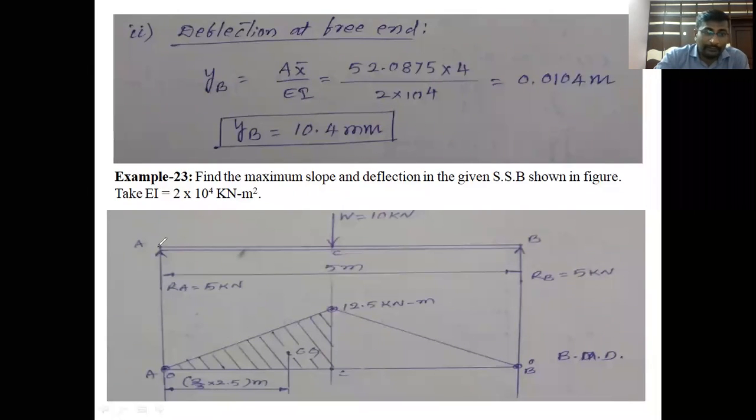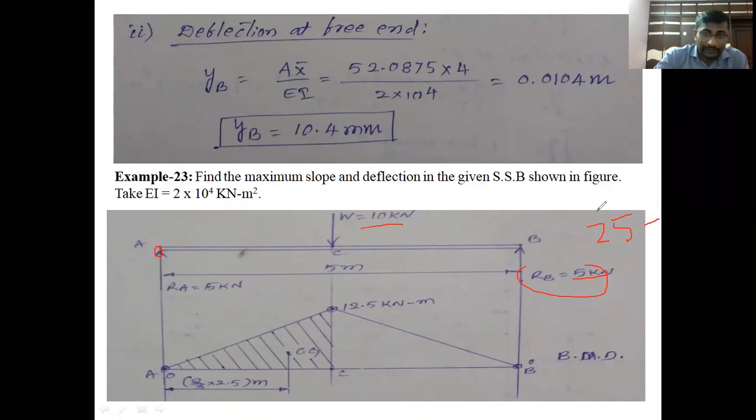So when we calculate the bending moment here, taking the algebraic summation of all the moments on the right side, we take 5 into 5, which is 25. Isn't it? 5 kilonewtons, which is acting at a distance of 5 meters. 5 into 5, anti-clockwise, positive.